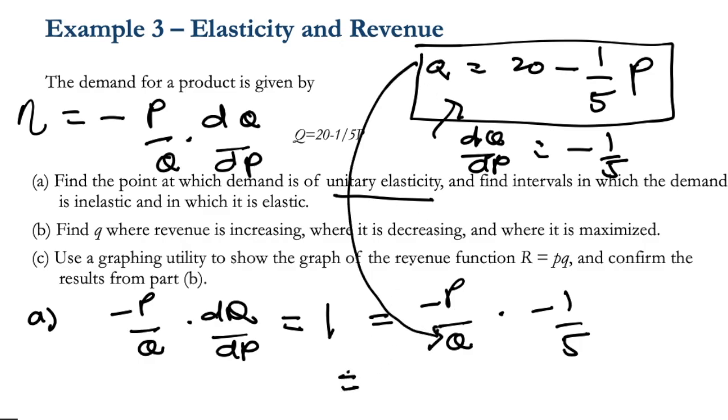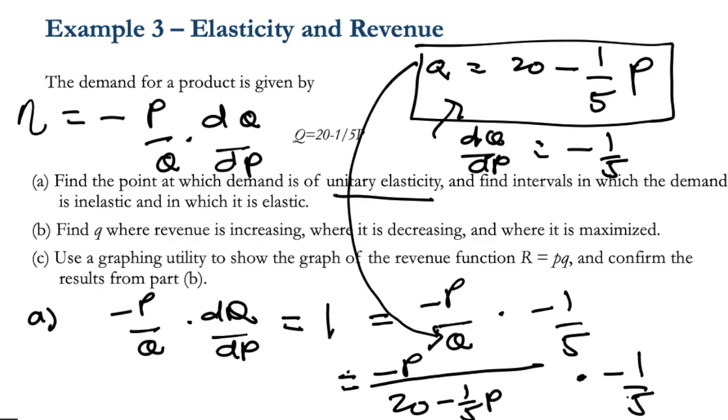So I'm going to have minus P on the numerator, I don't have to substitute, over 20 minus 1/5 P, then times minus 1 over 5. When you rearrange this, don't you think that you're going to get an answer equivalent to 1? You rearrange it, and then you will see your answer, eta equivalent to 1.